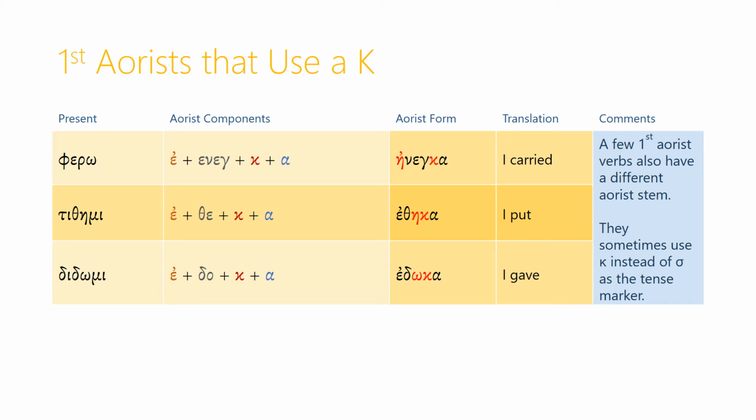And the first aorist stem is something like eneg. When we add the kappa onto that, and the regular endings, and when we lengthen the initial epsilon, because we're adding the augment on, we end up with the aorist form enenka, I carried.